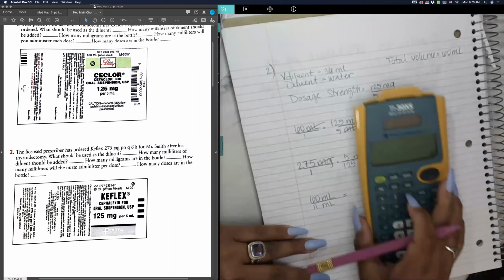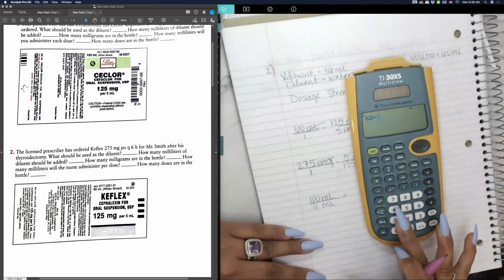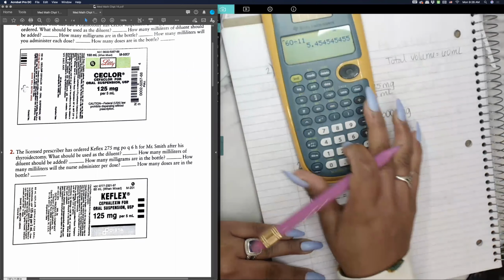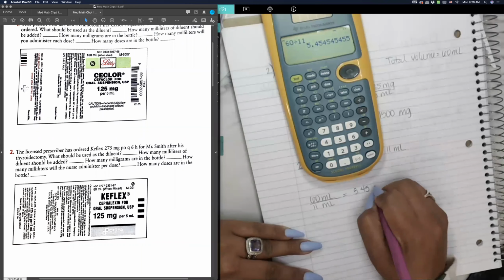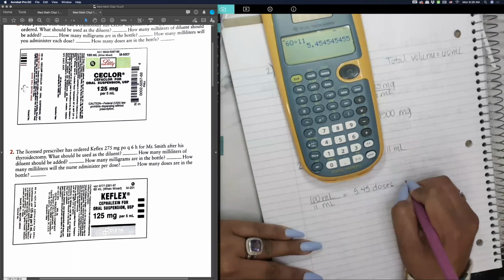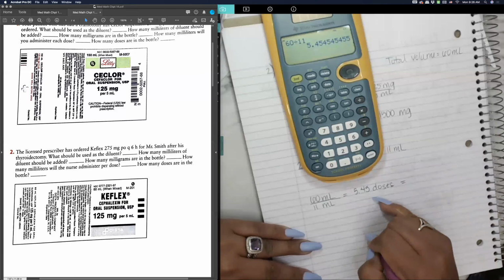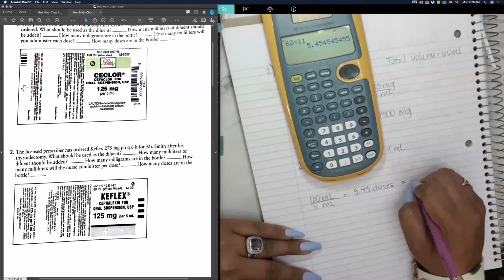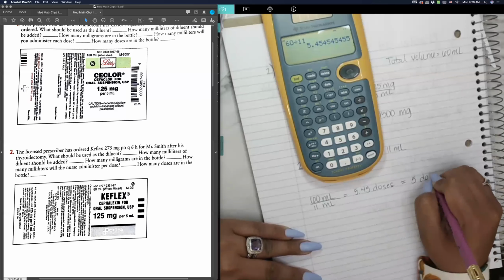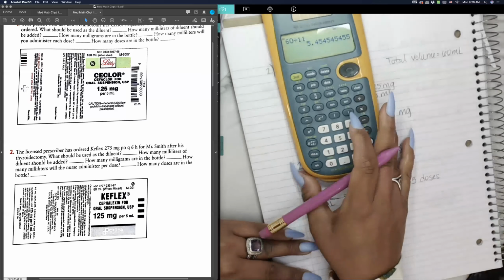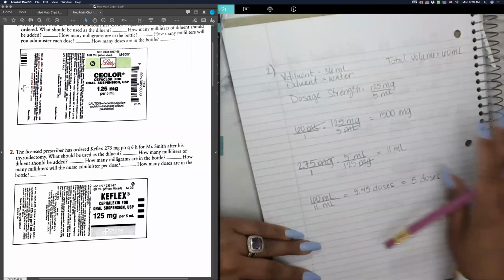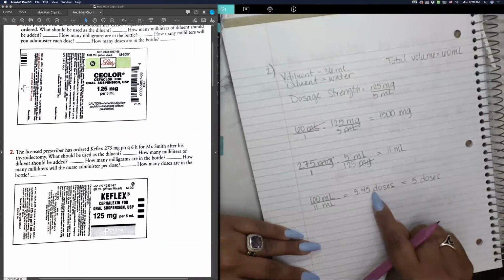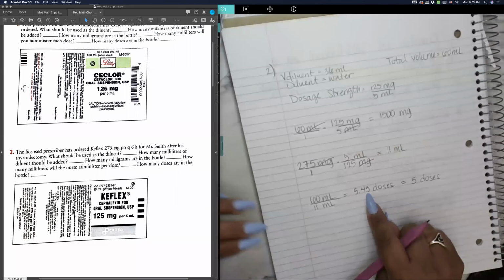So I'm going to take 60 divided by 11, and that's going to give me 5.45 doses. So I round this down. Okay, so this is going to give me 5 complete doses that I could administer to my patient using what's available in the bottle, right? Because I wouldn't administer a half or a portion of the dosage amount to my patient.